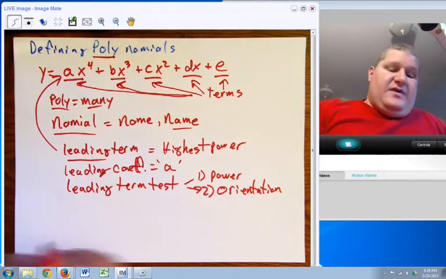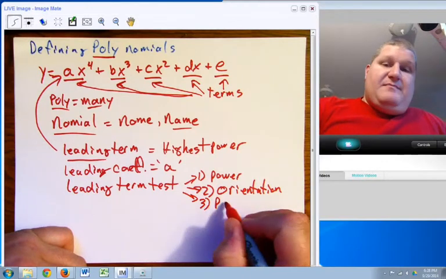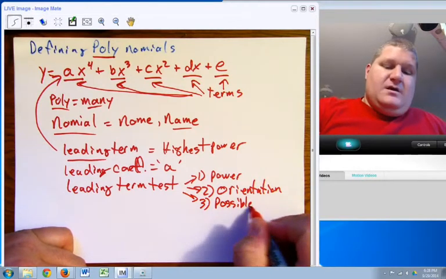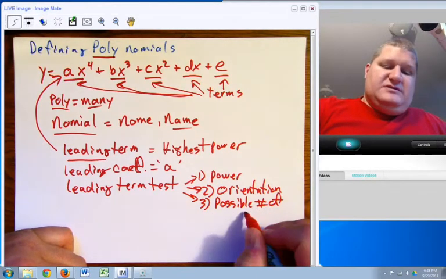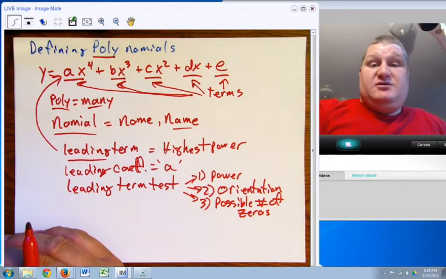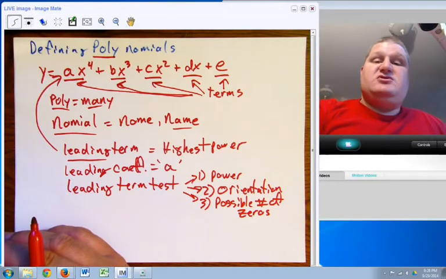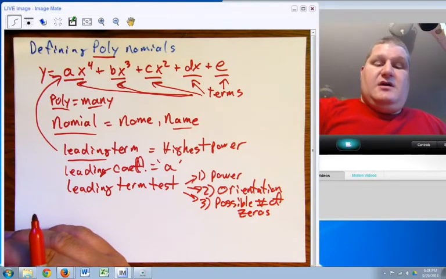Another thing that the leading term test will tell you is it will give you the possible number of zeros. Now, possible number of zeros is the same thing as the possible number of solutions. Possible number of x-intercepts. Zeros, solutions, and x-intercepts all mean the same thing.